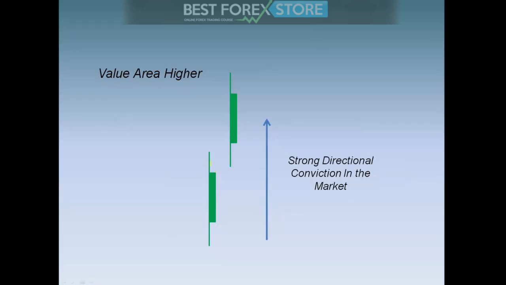This diagram is really a simple value area. So what you're looking at, this is the value area here. This would be the value area low, and this is my value area high. Now, whenever you see the value area moving higher, as you see here, notice the value area is completely above the prior value area. So when we compare this one to this one, look at what happened. It went up.